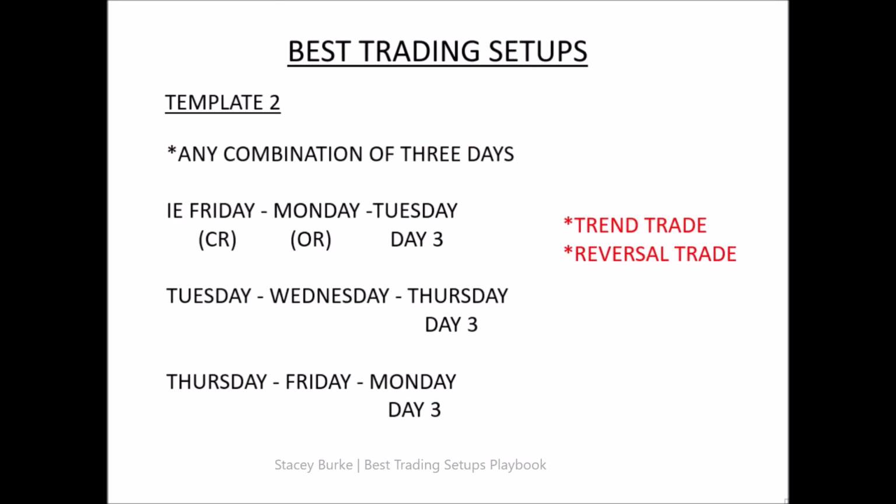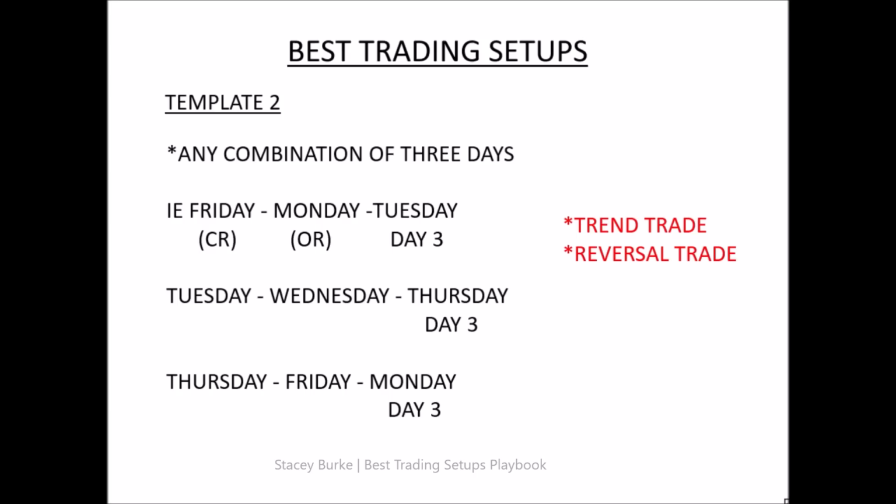The second type of template that I look for is the 3-day setup, and that is any combination of 3 days. We can have the 3-day setup as we just looked at, Monday to Wednesday, Wednesday to Friday, which is a Monday to Friday template, pump and dump, dump and pump, or we can have any combination. We can have a Friday, Monday, Tuesday, for example. Friday's our closing range. That can be a breakout trade that continues higher on a Monday, day 1, day 2, for a session reversal trade on day 3.